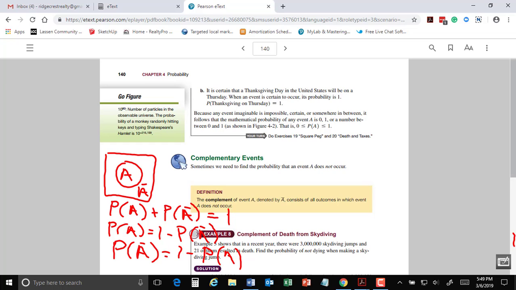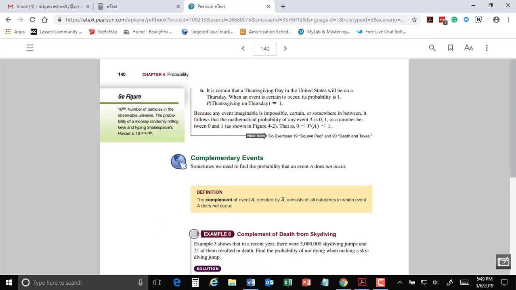We've added everything up in the sample space. Remember, this is our sample space. I'm not talking about the population. Are we okay with this?